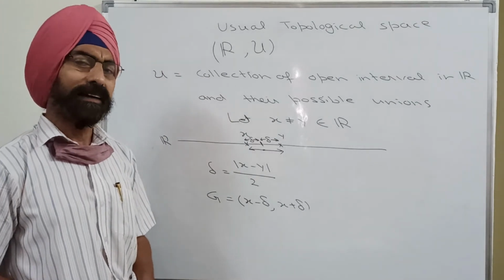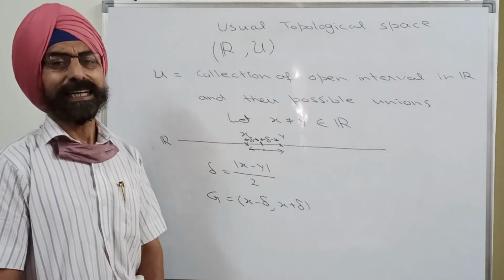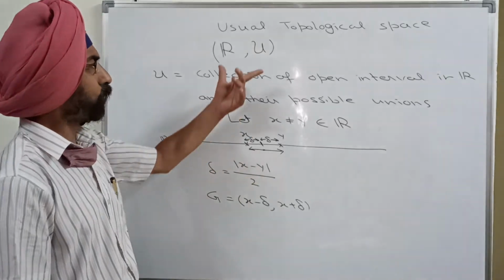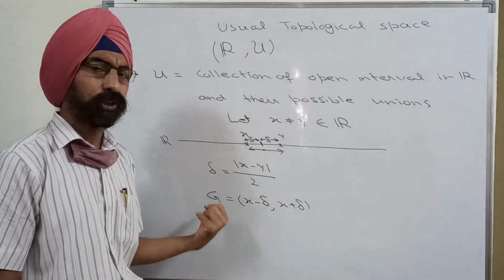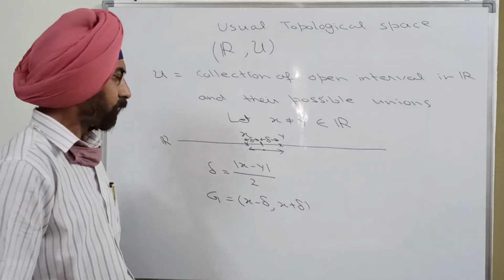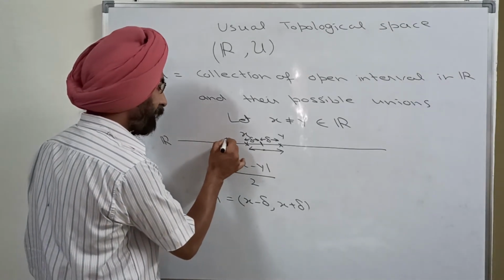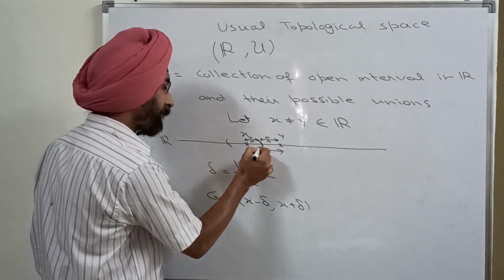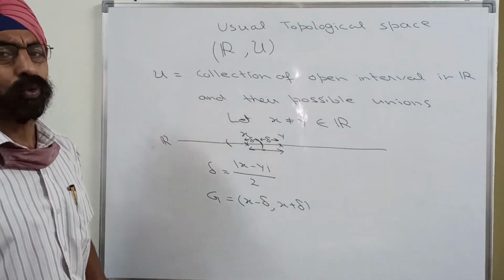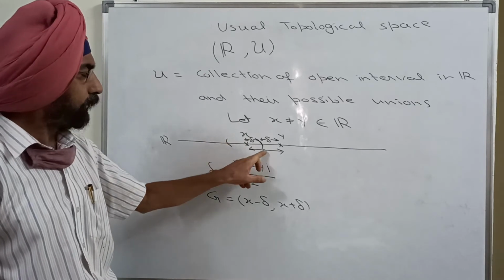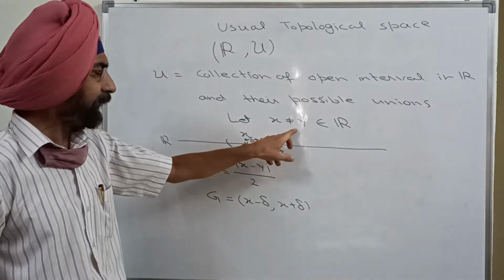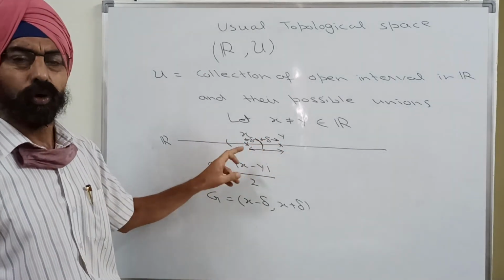Since every open interval is an open set for the usual topology on the set of real numbers, this G is also an open set. So diagrammatically you can see your open interval is like this, and it is very much clear now that x belongs to this open interval and y does not belong to this open interval.